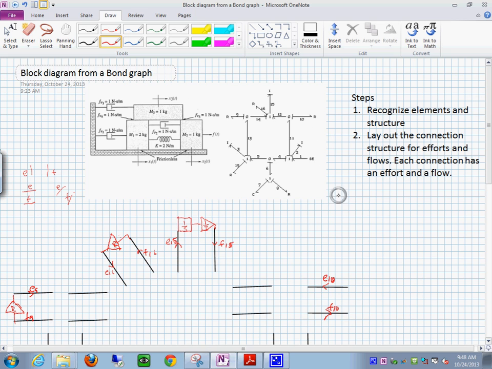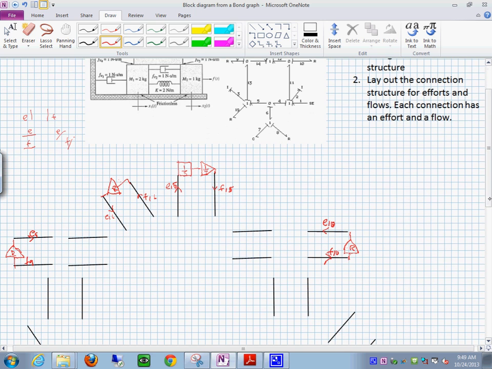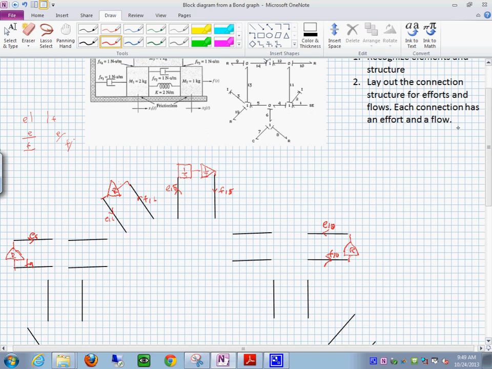And in here it's obvious what we have done is, well, we could also write it like this, or we could draw it horizontally. It doesn't really matter as long as you have it correctly. So we have done the constitutive relationships for those, and so we say lay out the connections.